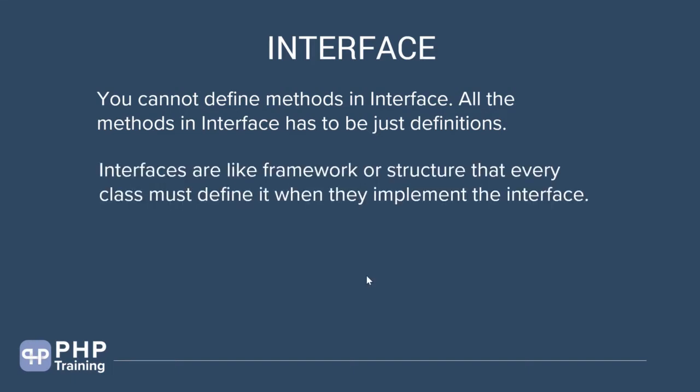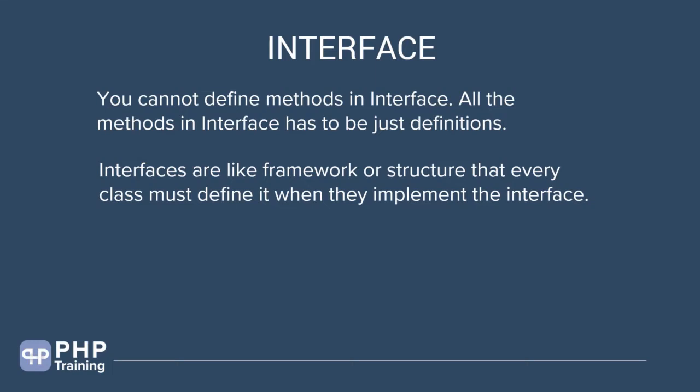Interfaces are like a framework or structure that every class must define when they implement the interface. As an example, we saw Car was an interface with three methods, and when SportsCar implements Car, it has to write the implementation of all those methods in the SportsCar.